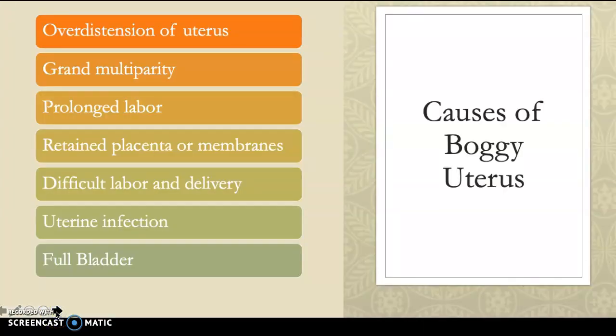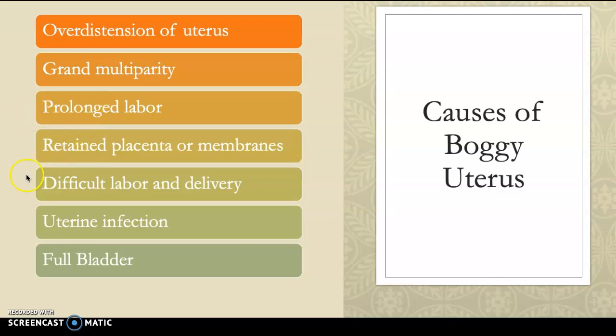So let's talk about the causes of a boggy uterus. The overdistension caused by too much amniotic fluid volume, more than one baby in the uterus, more than one fetus. If she's had lots of babies, or if her labor has gone on for a long time, it'll cause that uterus to be boggy after delivery.